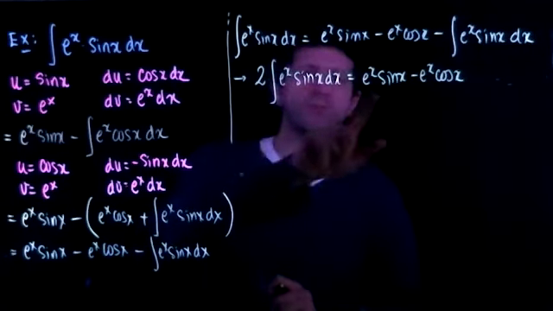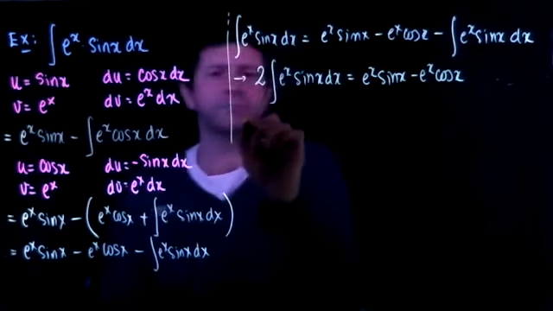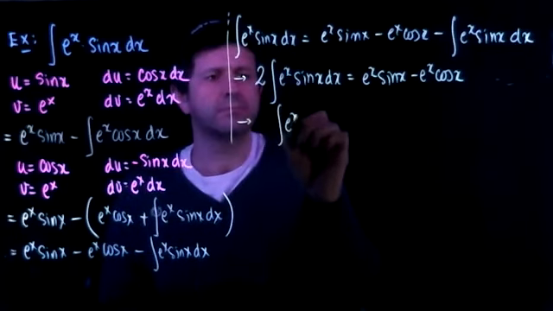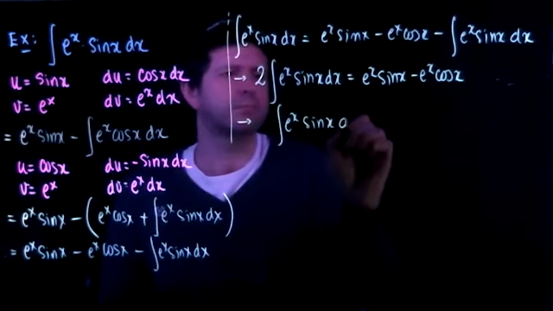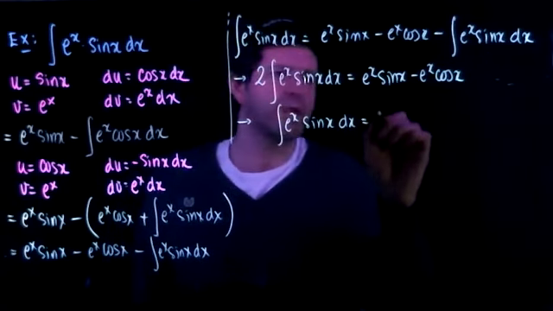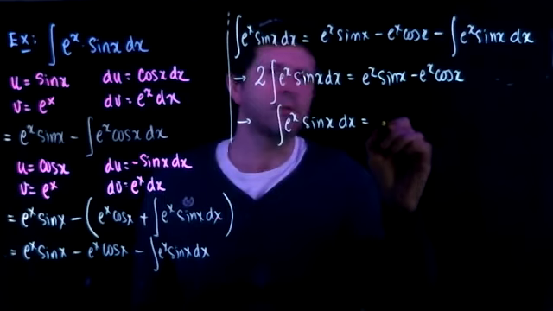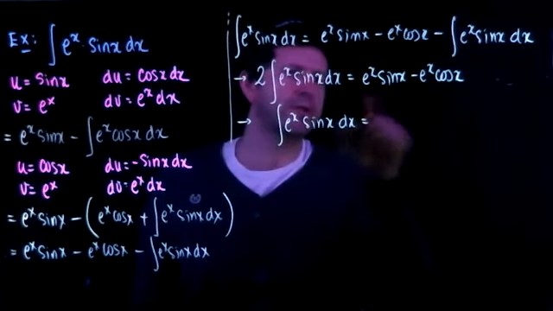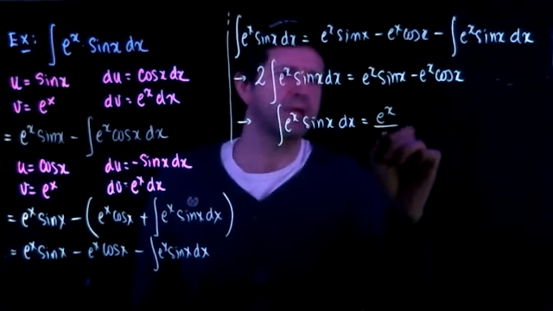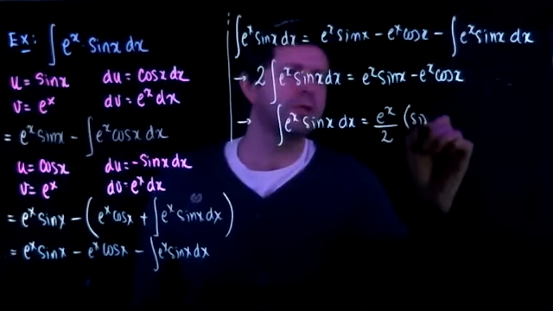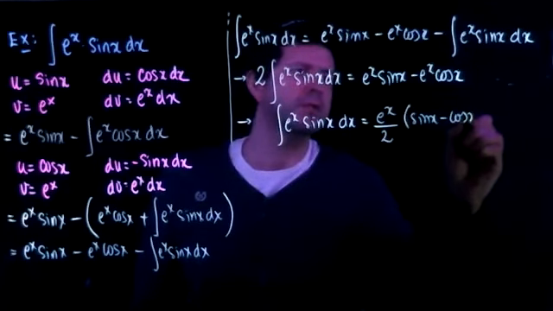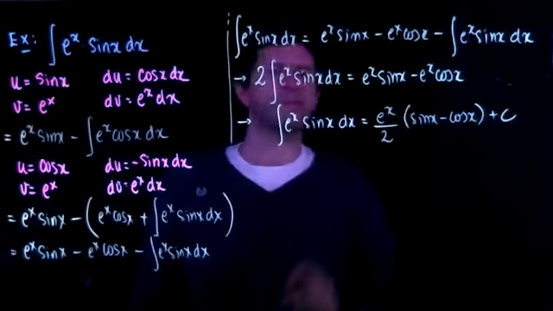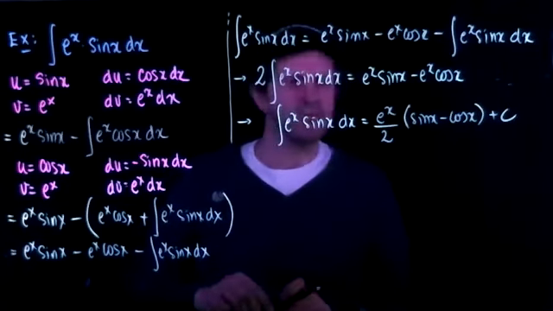Okay, and then I just divide by 2 and I'm done. So it's 1/2 times this. So I could extract e to the x also. So e to the x over 2 times sine x minus cos x plus c. And I just found my antiderivative.